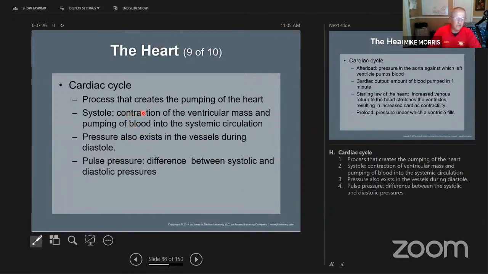So the cardiac cycle is just that. It's a cycle, a process that creates the actual pumping of the heart. Systole is a word that means contraction: contraction of the ventricular mass and the actual pumping of blood into the systemic circulation.